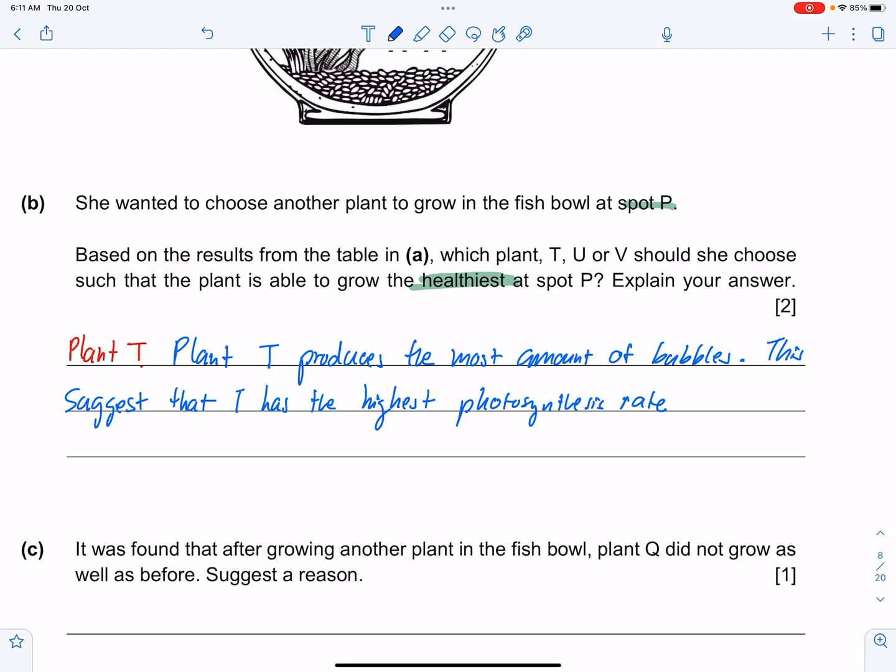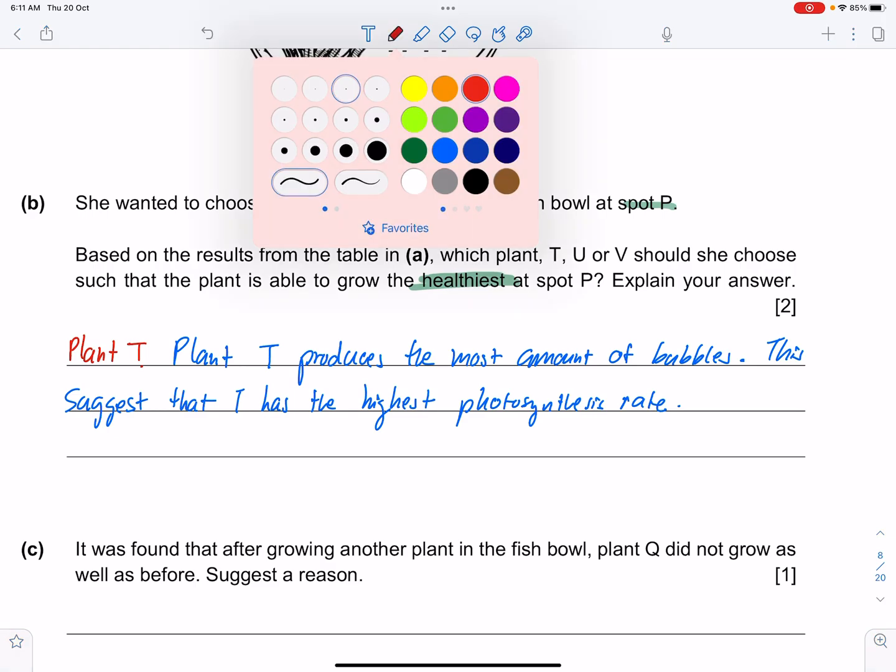Okay, compared to U and V. Okay, and then you go on to have your reason.